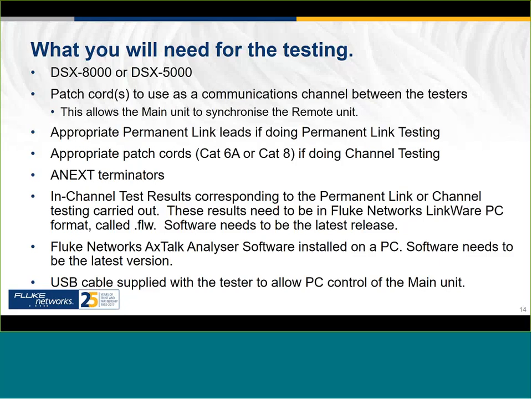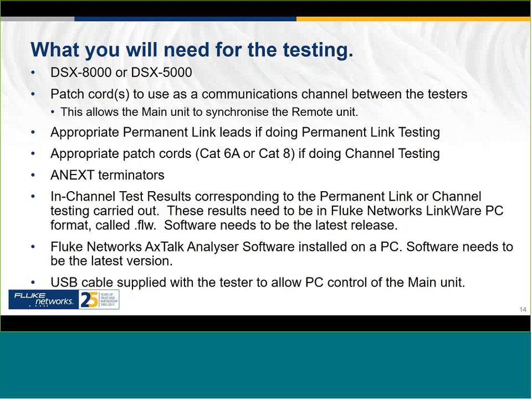Your software needs to be the latest release: your LinkWare software, your alien crosstalk analyzer software, and the latest firmware in your field tester. You install the alien crosstalk analyzer software on your PC, and you will need the USB cable that came supplied with your tester, because the PC will need to control the main unit when making the measurements.